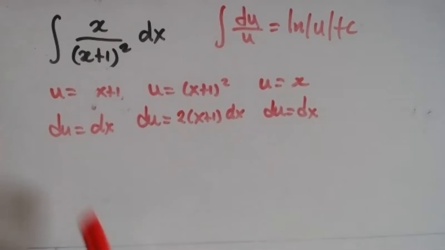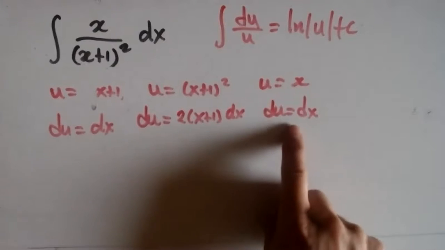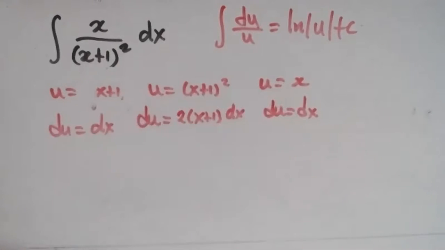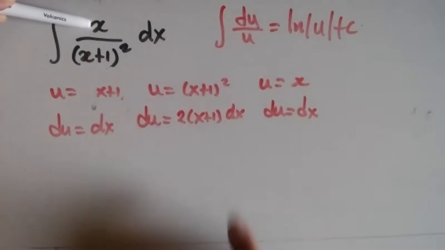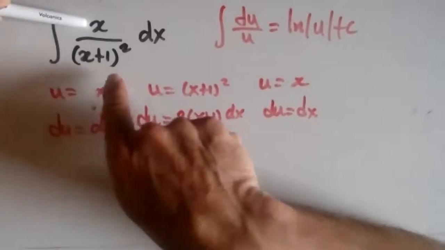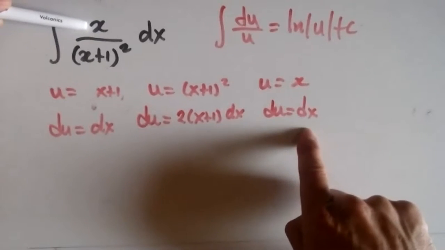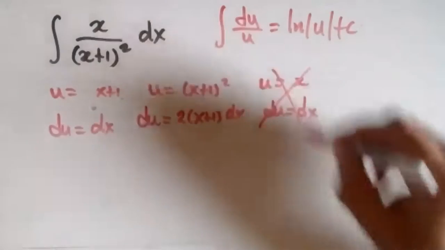Okay. These are the three choices. I have to select one. Which one looks more suitable to work? If you take the top one, u equals (x plus 1) squared, you have an x plus 1 squared that you cannot fit here, so this is discarded.